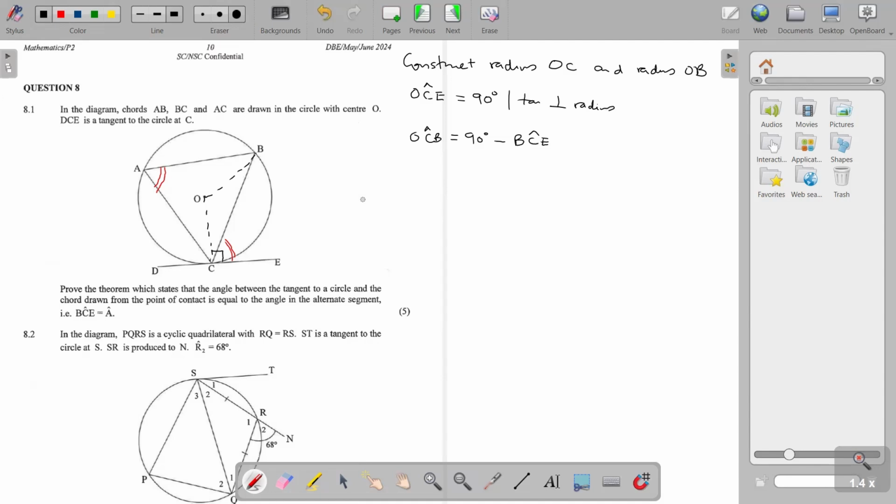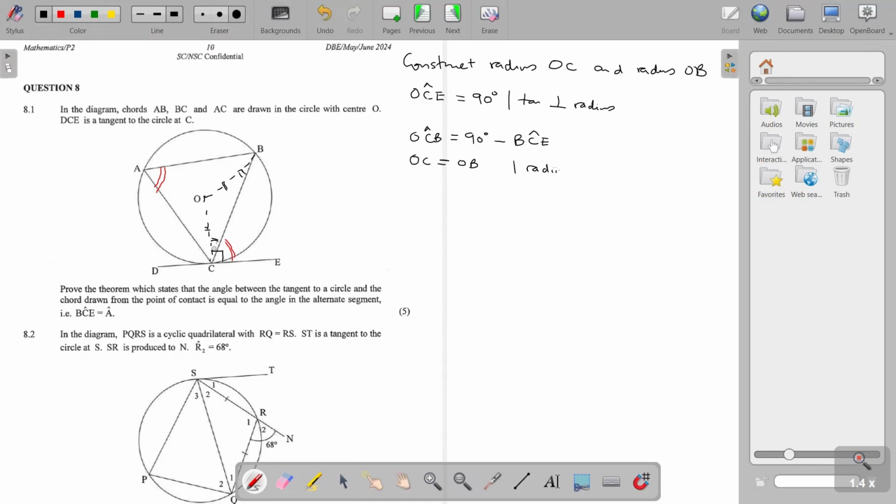Then you are also supposed to take note that OC is equal to OB. Why are we saying that? They are both radii. So this angle and this angle are equal, because this side and this side are equal. So OC is equal to OB, they are both radii. Then you go into triangle OBC.